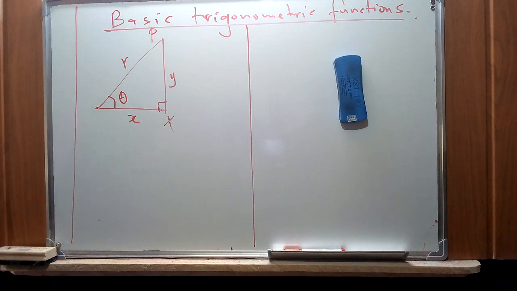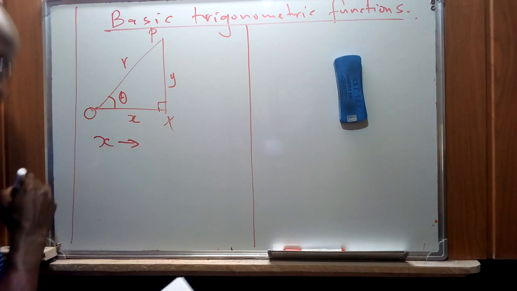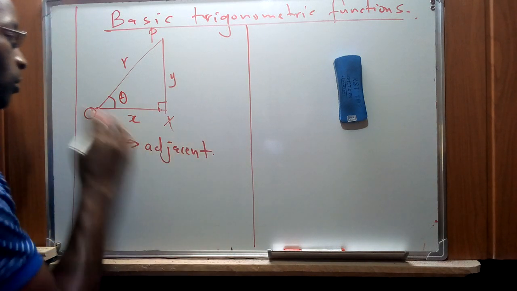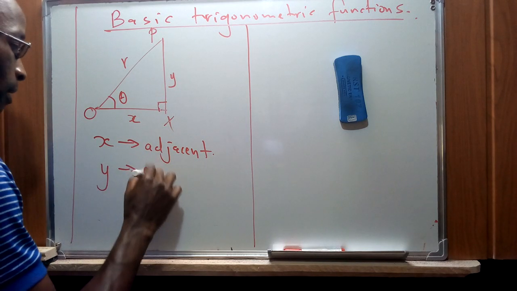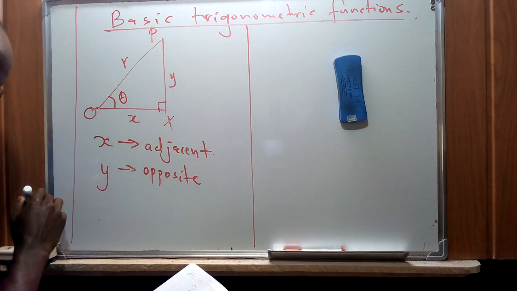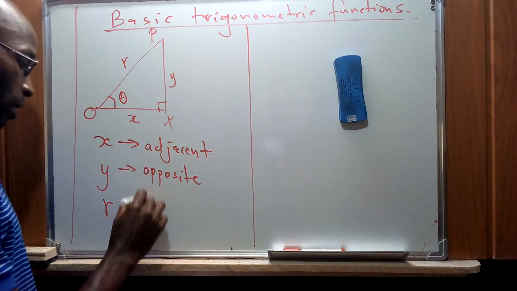But in this case, we're just going to use the letter r to denote the distance between the origin O and point P. So for a right angled triangle, x is referred to as the adjacent with respect to this angle. y is referred to as the opposite, so it is opposite with respect to angle theta. And r is referred to as the hypotenuse.